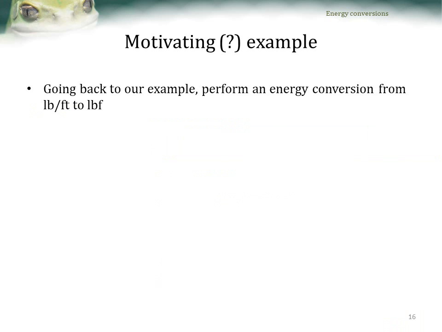Going back to our example, however, suppose someone actually wanted to convert from pounds per foot to pound force. Well, let's go through the math. 1 pound is exactly equal to this many kilograms. 1 foot is equal to exactly this many meters.